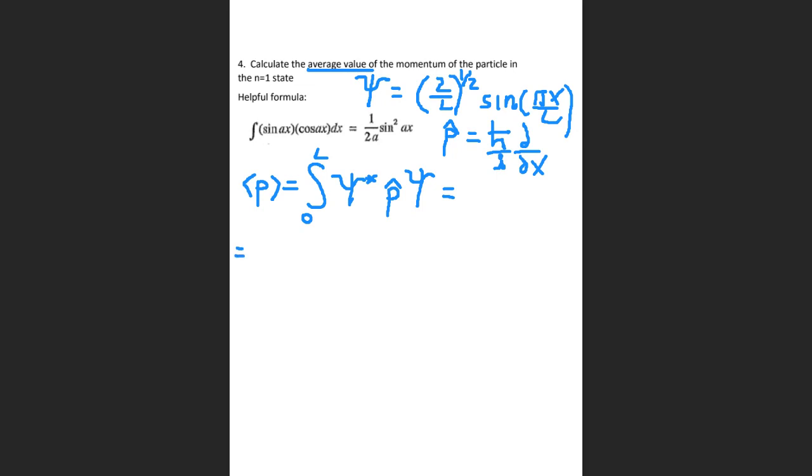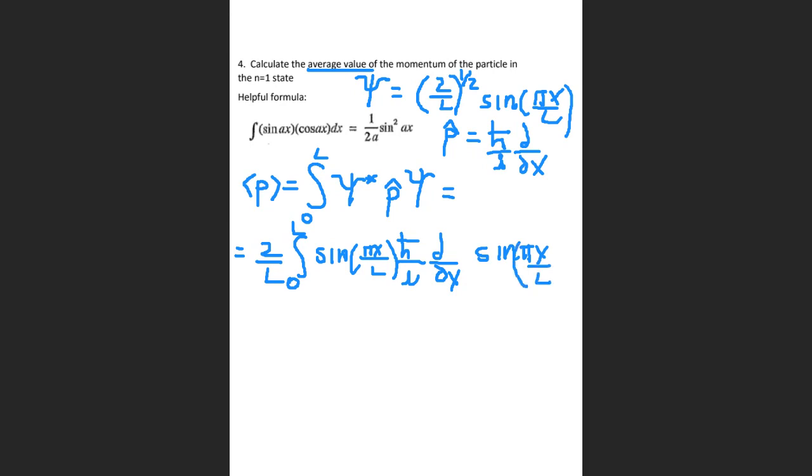Okay. I'll factor the 2 over L to the 1/2 out. 0 to L, sine pi x over L, h bar over i times the first derivative operator, which, since I factored out 2 over L to the 1/2, operates on sine pi x over L. I can pull all the constants outside.